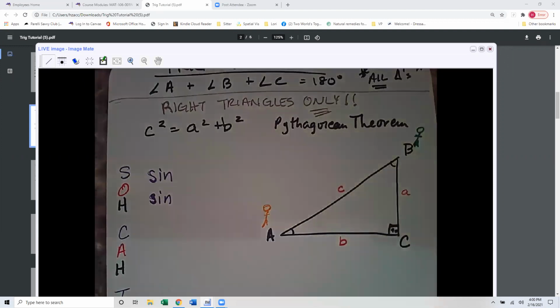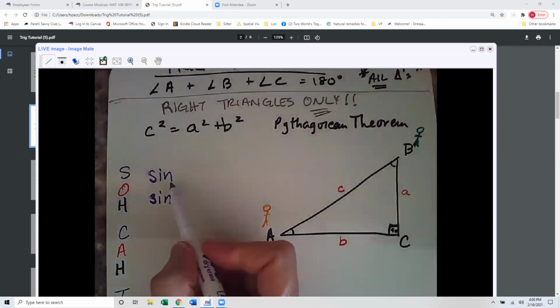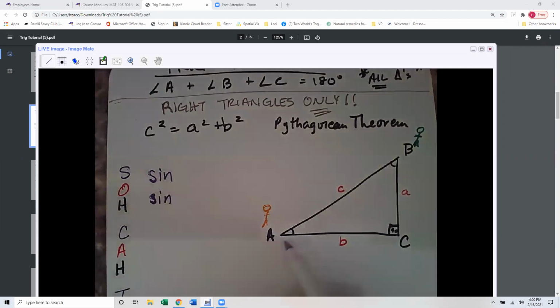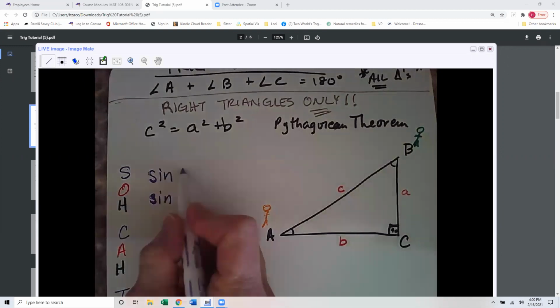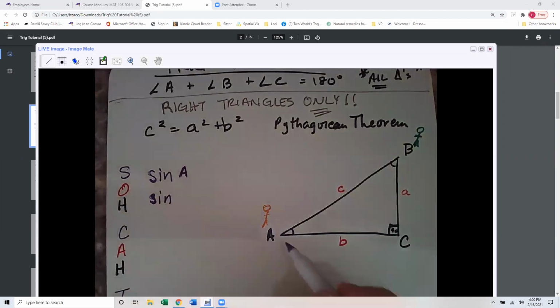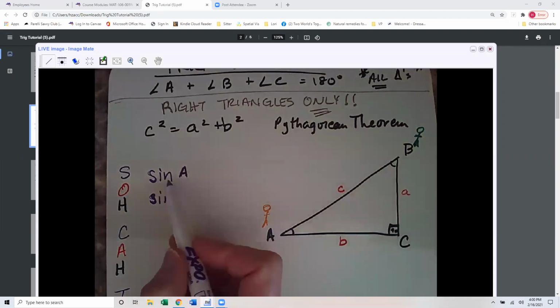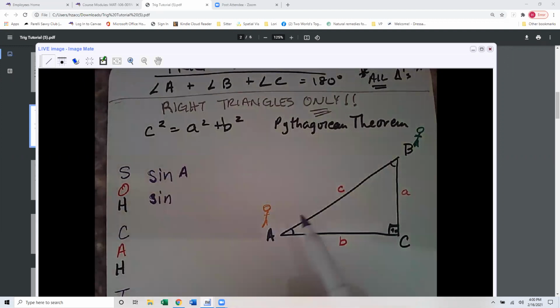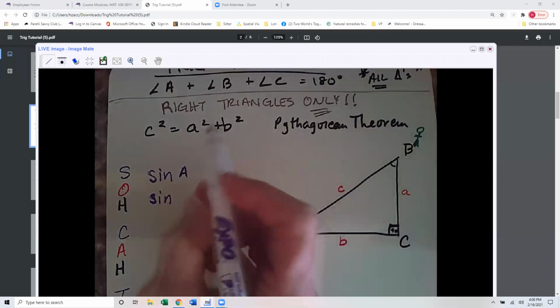So the first trig function, the sine function, is first going to be from the perspective of A. So we're going to have sine of the angle A. And the sine represents a ratio relative to that angle that is opposite.